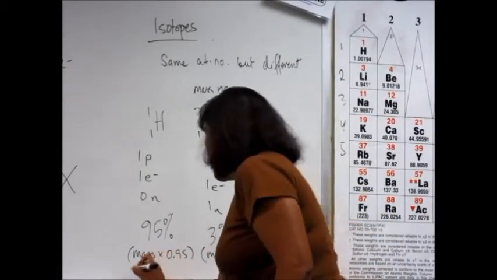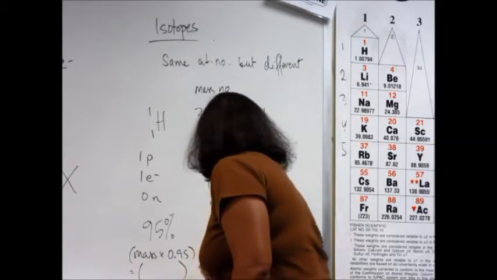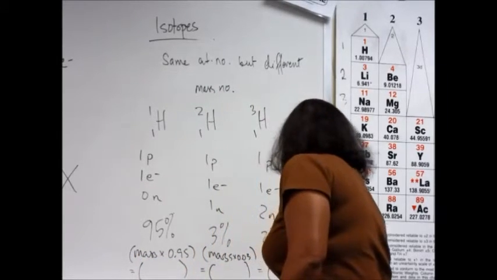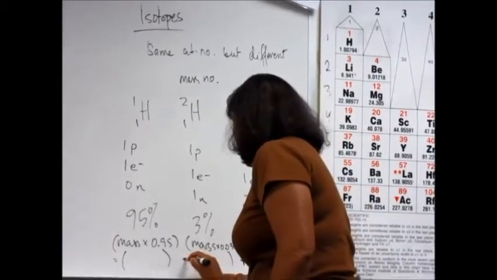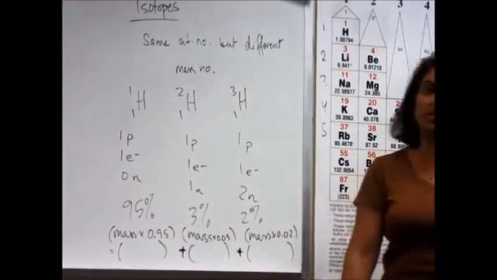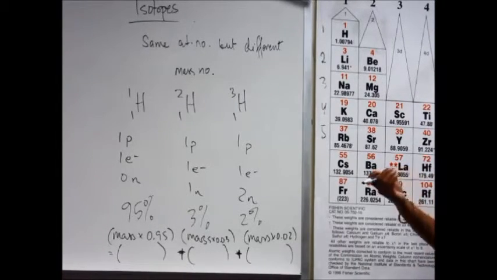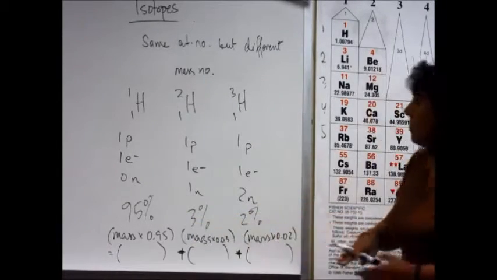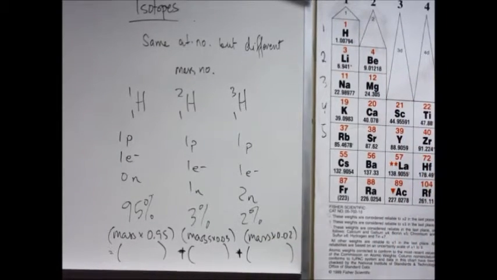The masses that you get from this calculation, you will add them up. Let me go ahead and change this equal sign to addition. So now you have the percent contribution of each of the mass. When you add them up, you should get this beautiful number. Okay?